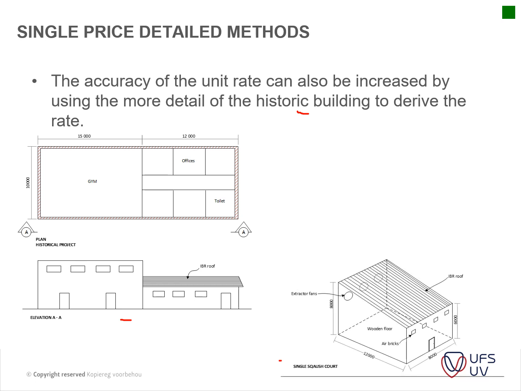We had a new squash court being developed, but there's no single item that could be used the same. For instance, you had a gym with wooden flooring, and your squash court also had wooden flooring, so you could use the rate per square meter for your wooden flooring and apply it here. But it had a concrete roof, which you couldn't apply to your new building.